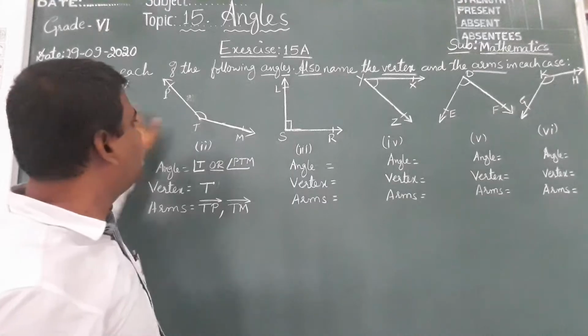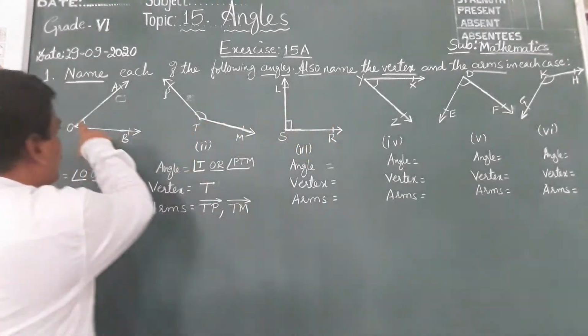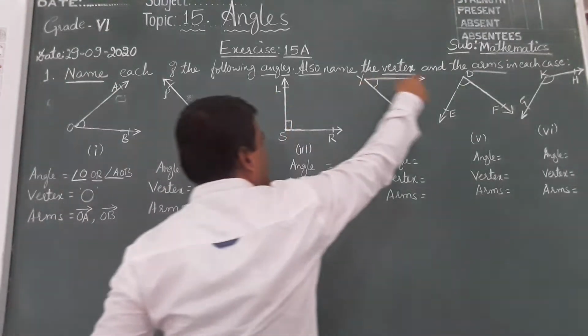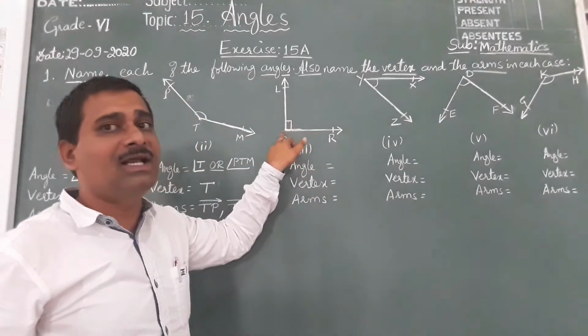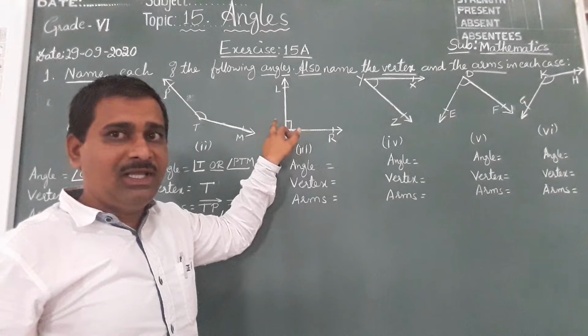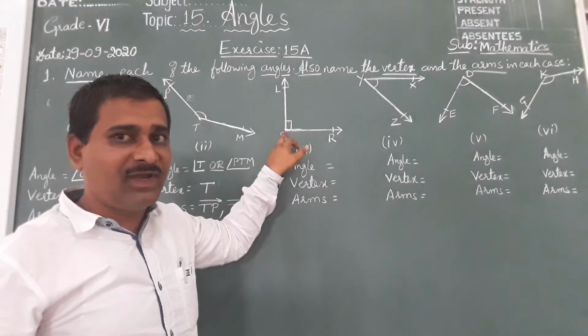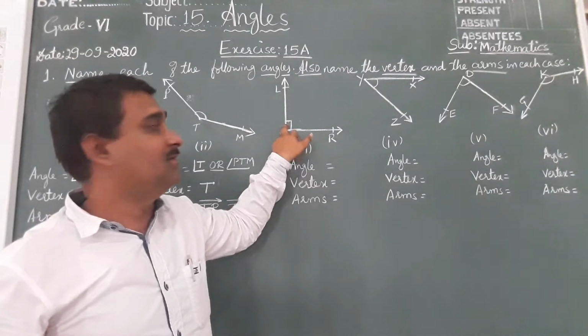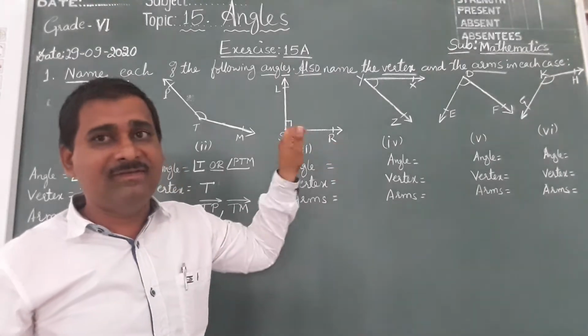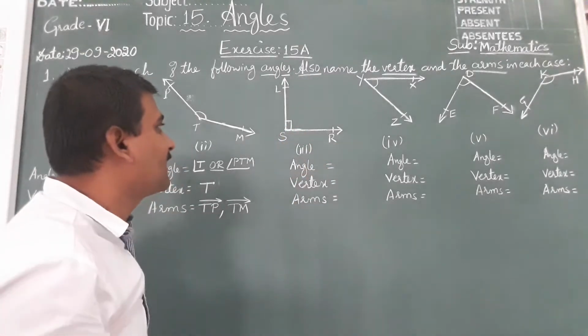Third angle. See children, in all the angles, angles are shown by the curve. Here it is shown with the straight line. Only such type of angles we will show with the straight line, that is right angle. Only for the right angle we will show with the straight line. Okay.